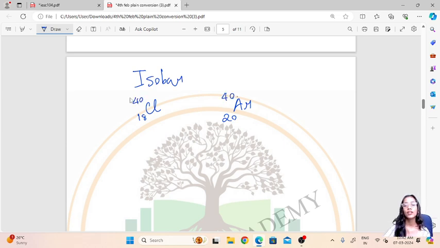Okay, so what definition can we come out with from this? First of all, we can say that these are atoms not of the same element, right?